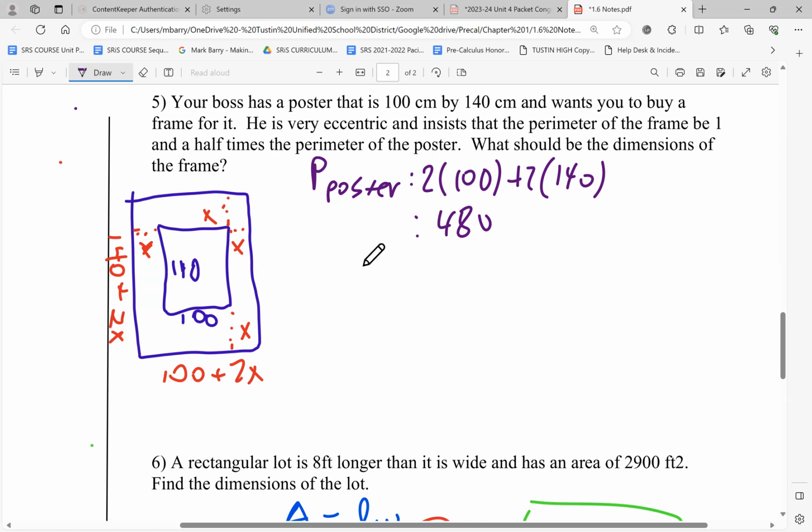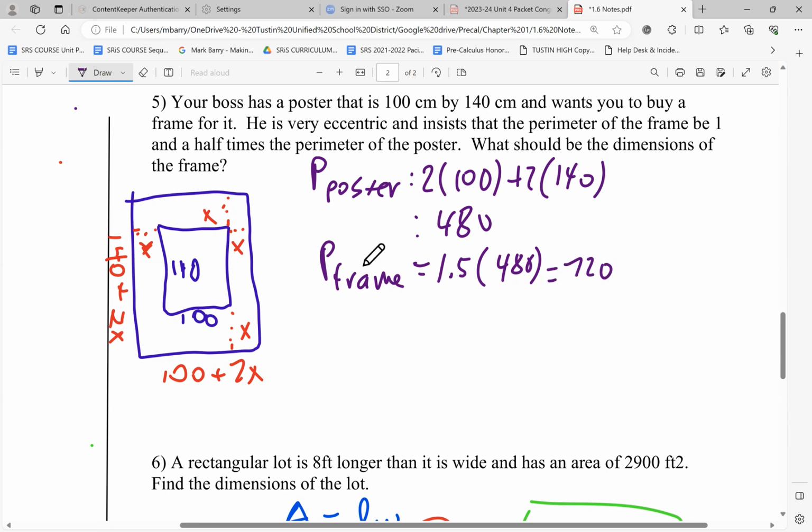And so what they're saying here is he wants the perimeter of the frame to equal 1.5 times the perimeter of the poster. So I need to multiply that by 1.5. Okay, so 1.5 times 480 is going to give me 720.